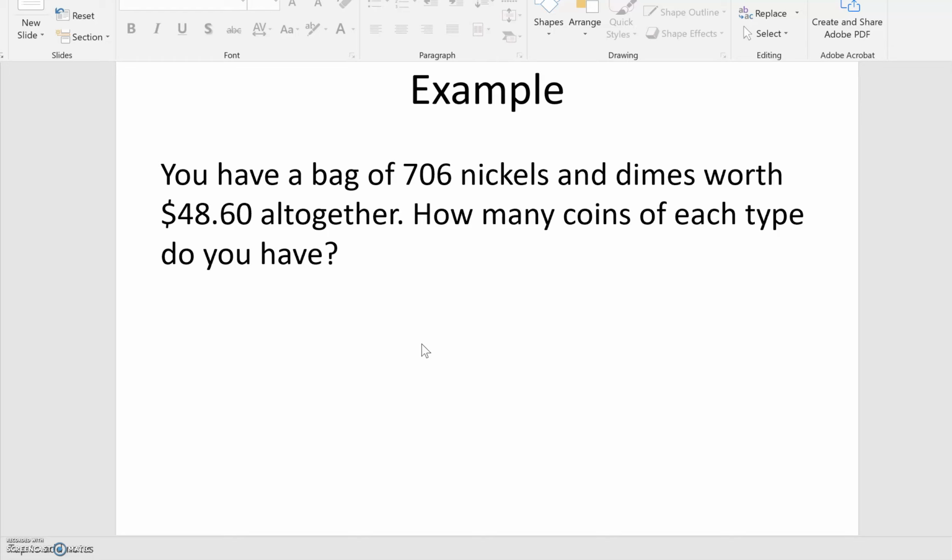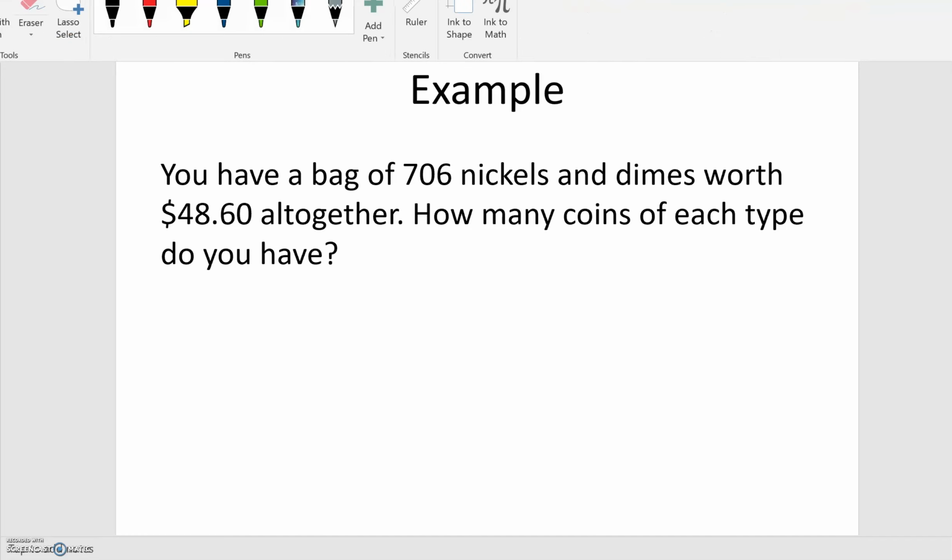We have a bag of 706 nickels and dimes worth $48.60 altogether. How many coins of each type do I have? A couple of things you need to think about when you're doing word problems: what is the first thing, what is the question?